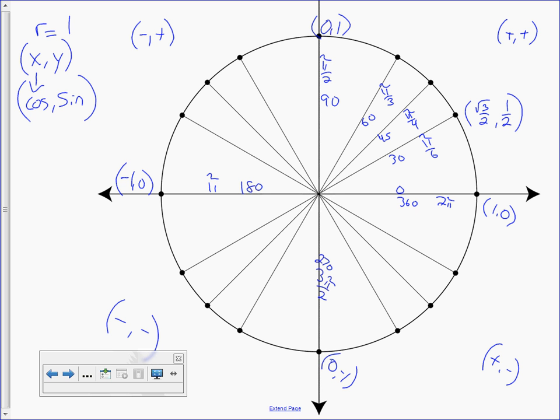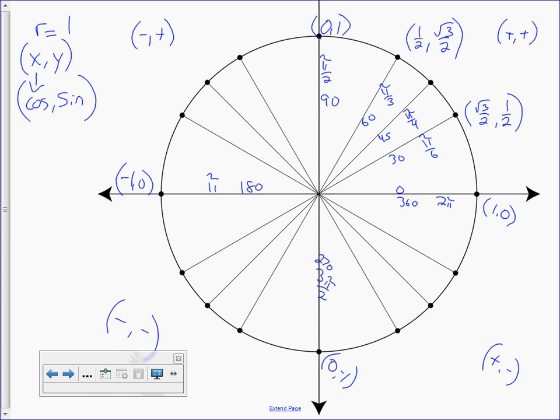That's the trick. You do the same thing like we found out for cosine and sine of 60, or pi over 3, if you will. The cosine of pi over 3 was 1/2. The sine of pi over 3 is root 3 over 2.